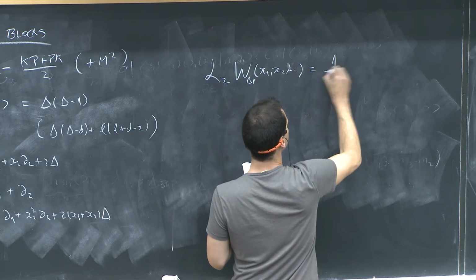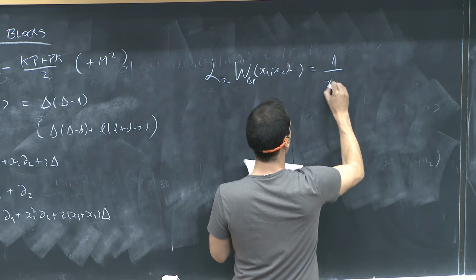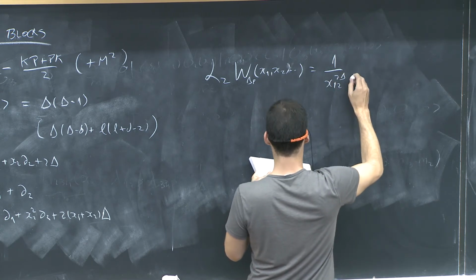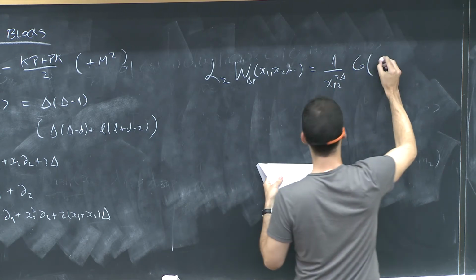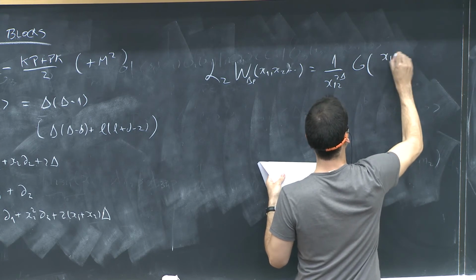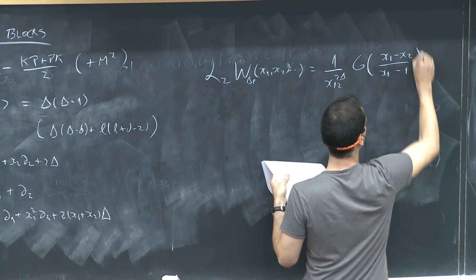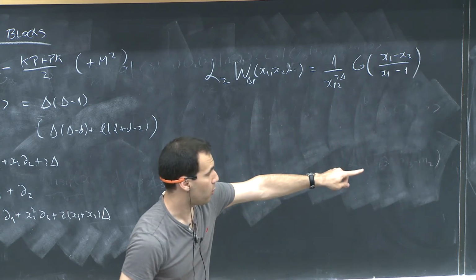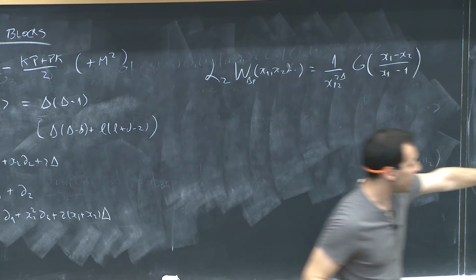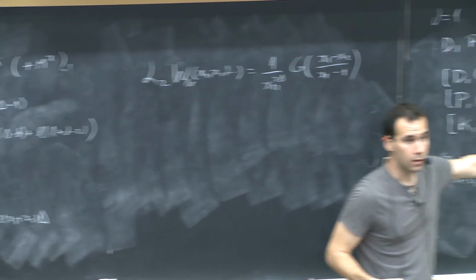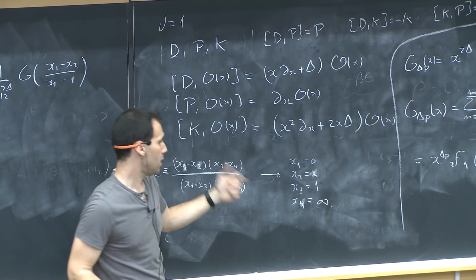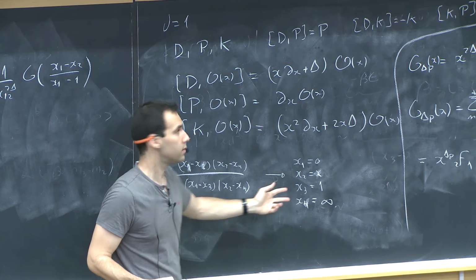And we already know what it is. It's 1 divided by x12 to the 2 delta, times G of the cross ratio, which is x1 minus x2 divided by x1 minus 1, in that configuration of points. So we need to keep x1 and x2 general, because we are taking derivatives, but x3 and x4 we can do whatever we want.